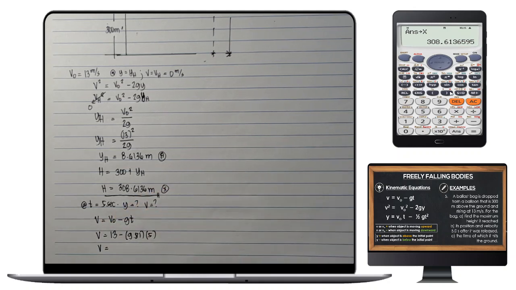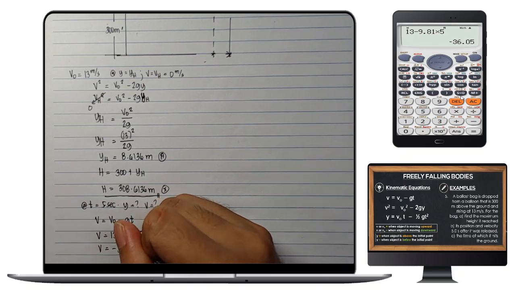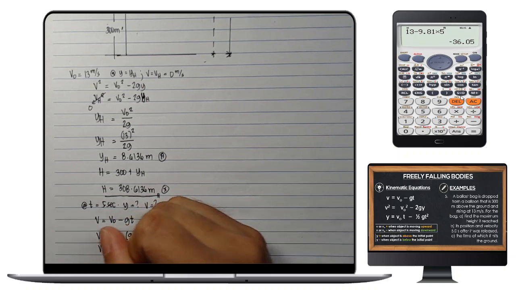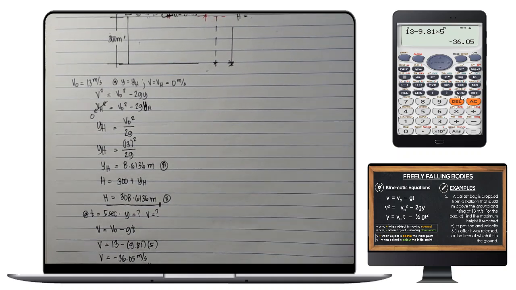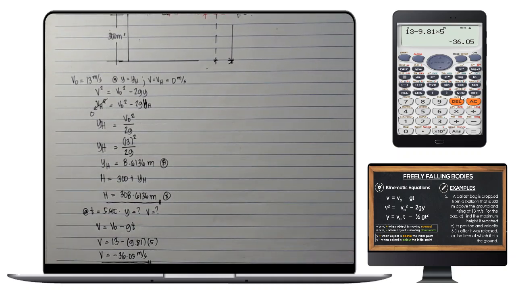So yung velocity natin is, so that is 13 minus 9.81 times 5 equals, so that is negative 36.05 meters per second. So, ibig sabihin lang yan, after 5 seconds, the ball is going downward na. Pababa na yung ating ball. Okay? Kasi negative yung na-solve nating value of the velocity.